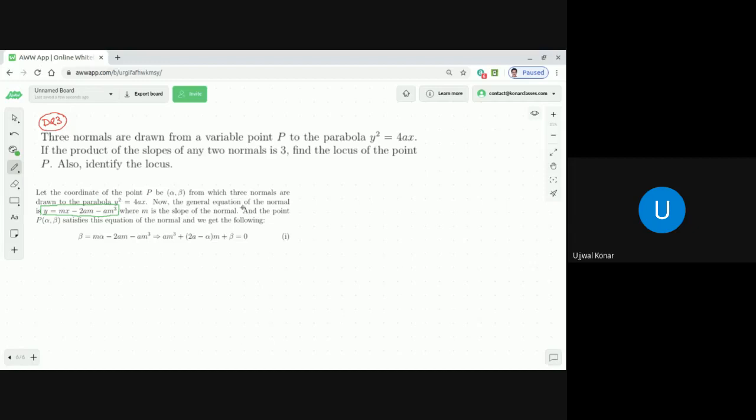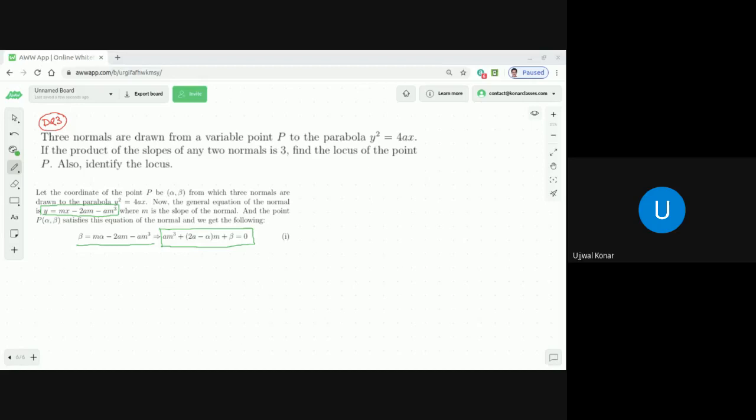So instead of y we can write beta, and instead of x we can write alpha, and after restructuring, we get this equation. I hope you get whatever I wrote so far. Any doubt? Please do let me know.